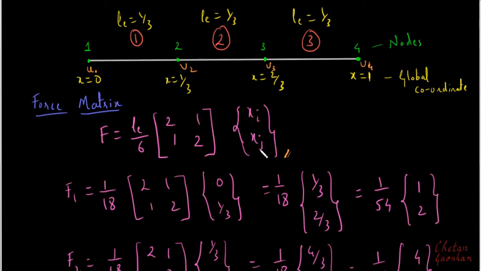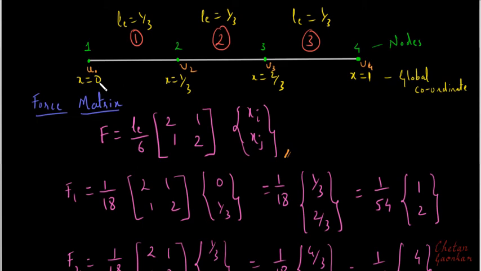Now xi and xj for the first element, if I look at this entire domain carefully, this will be xi and this will be xj. These xi and xj are nothing but the global coordinates, and the value of x at node 1 is nothing but 0, and the value of xj, that is at node 2, is nothing but 1 by 3.